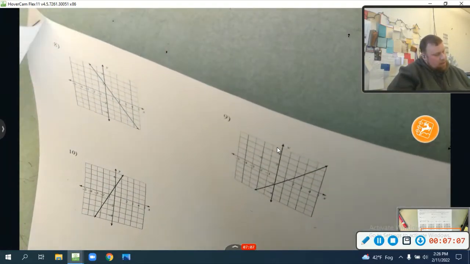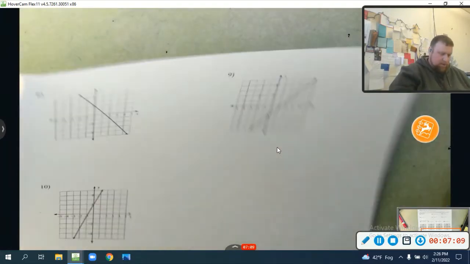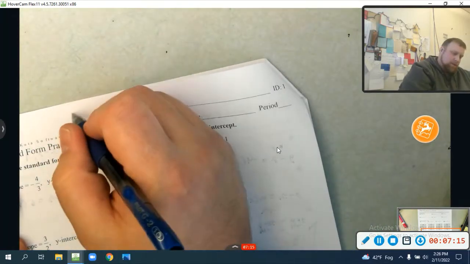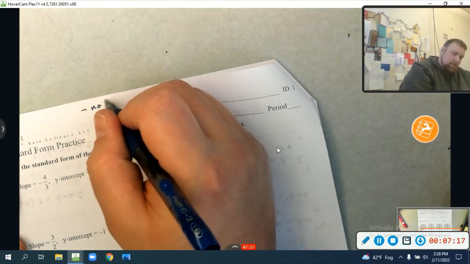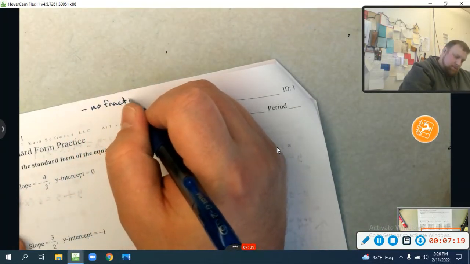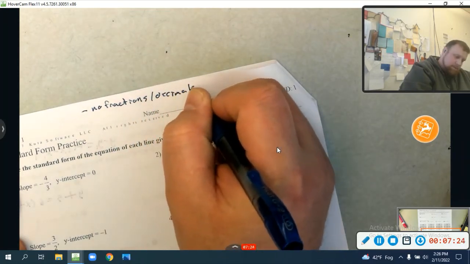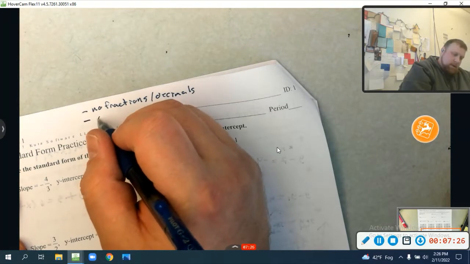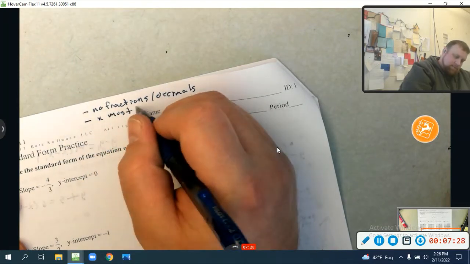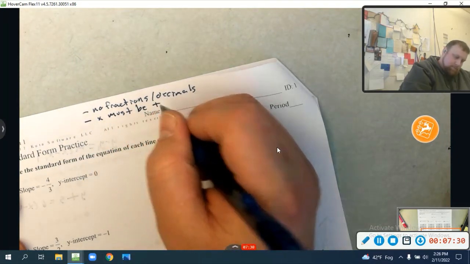And I'm going to subtract 3x from both sides, minus 3x. I'm going to write it over here. What do I get? I get negative 3x plus 2y equals negative 2. I need x to be positive, so I'm going to multiply everything by negative 1, and I get 3x minus 2y equals positive 2. Boom. That's what we're doing here.